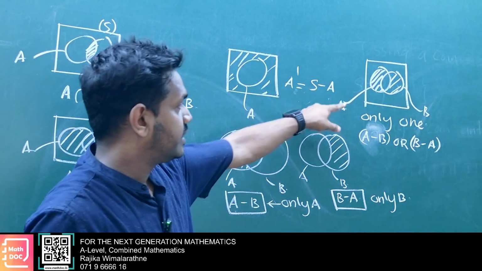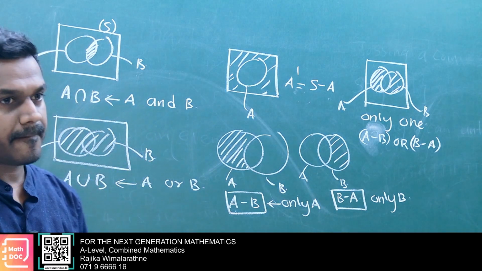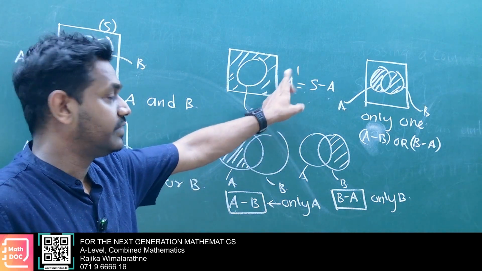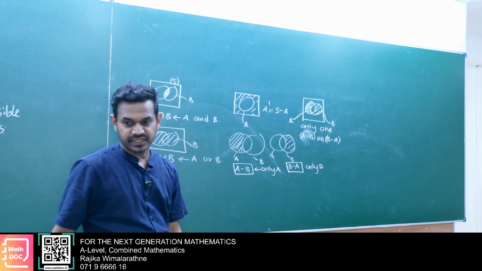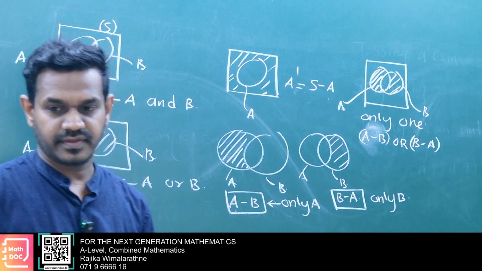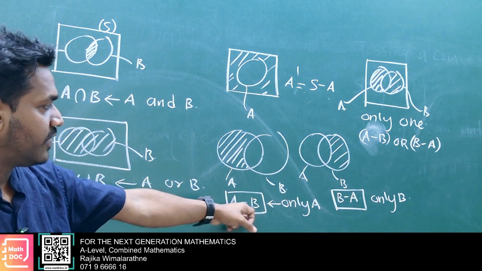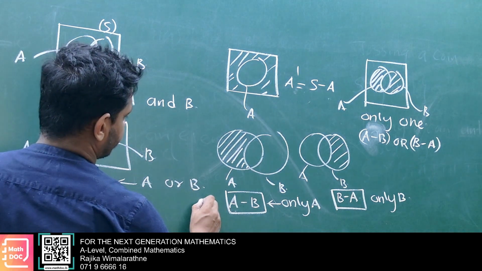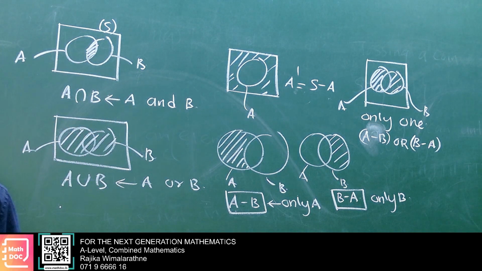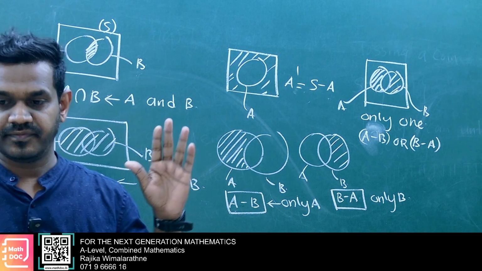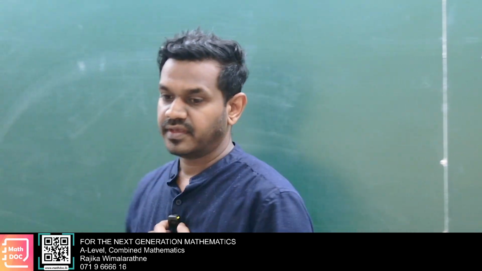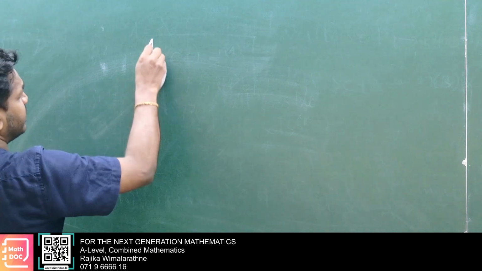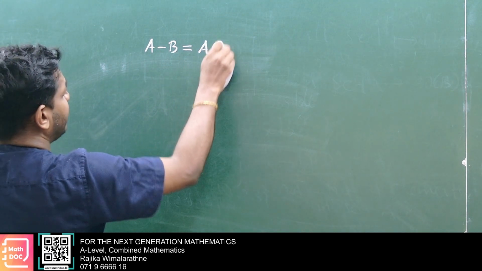Okay, write them. This is equal to only A. A dash means not included A. Here A minus B means only A, B minus A means only B. Here A minus B, further you can write A intersection B dash.